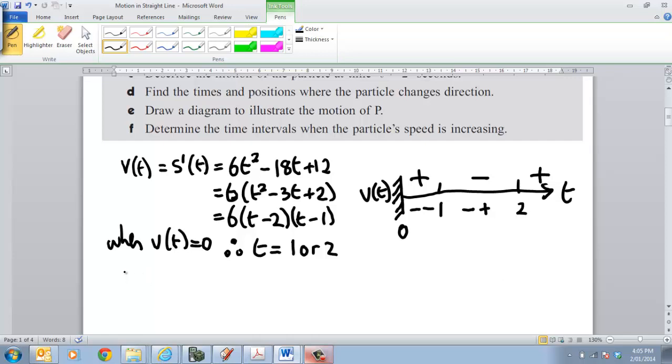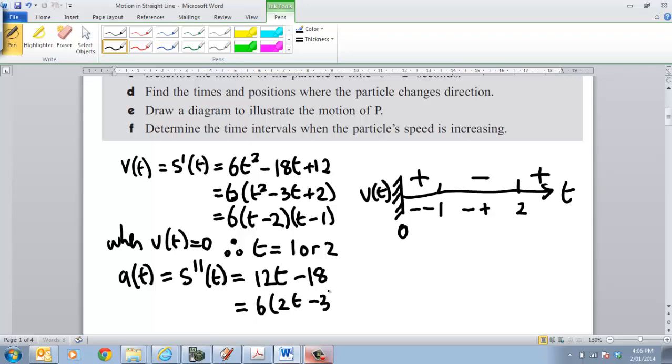I'll do the same thing with the acceleration. My acceleration is the second derivative of the displacement, or the first derivative of the velocity equation, and that will give me 12t take 18. Again, bring out a common factor of 6, that gives me 2t take 3.